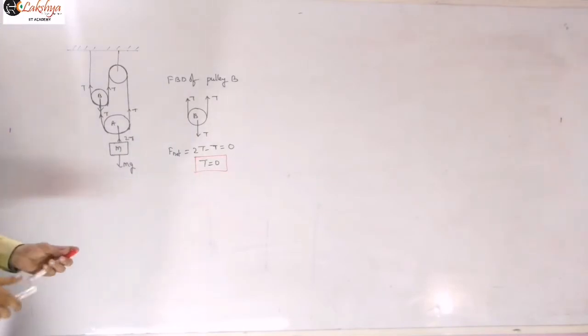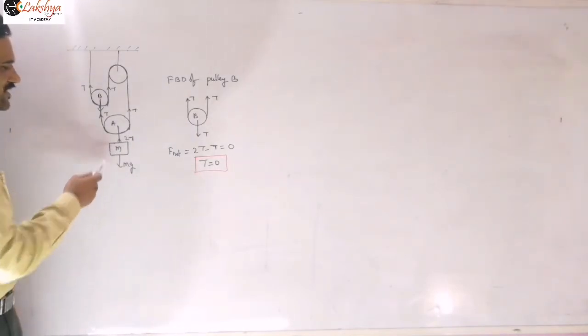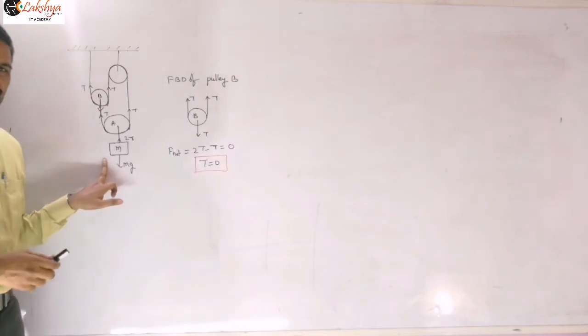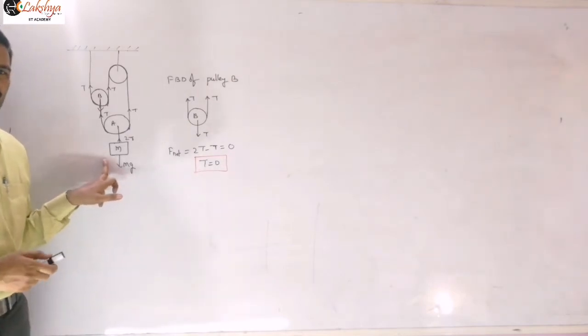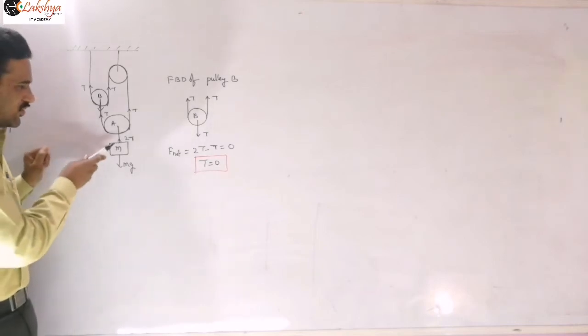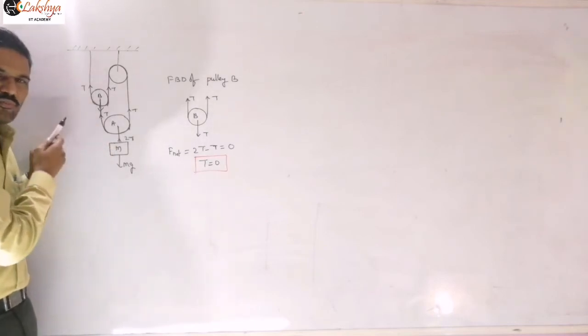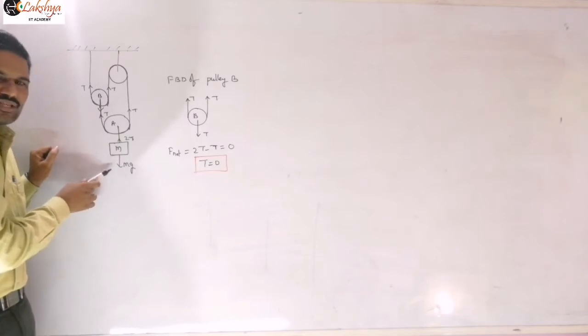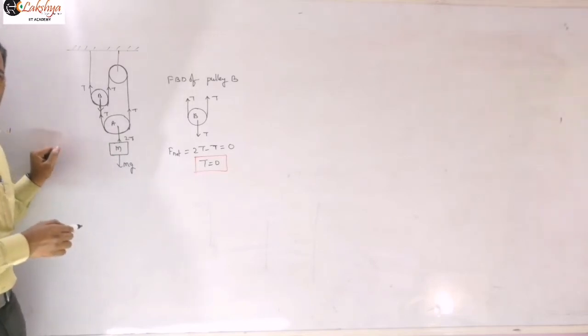Now if the tension in the string is 0, what will be the acceleration of this block? If you take the free body diagram of this block, tension is 0, so there is no upward force, only mg is there, so its acceleration will be g.